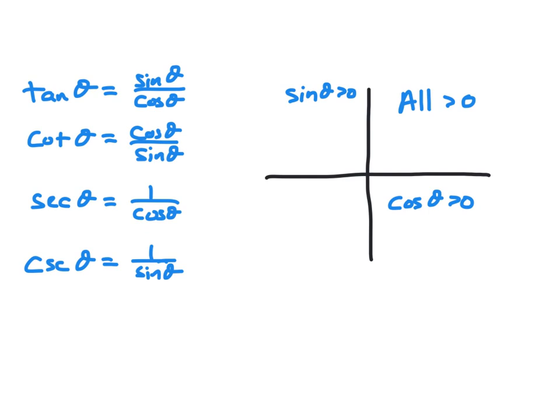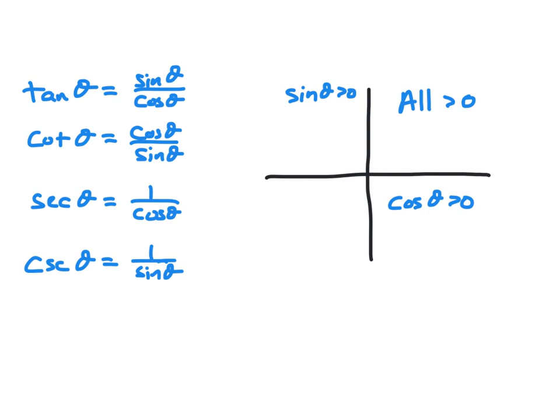If we move on to quadrant 2, we know that sine is positive and cosine is negative. In that case, we know that tangent will also be negative because it will be the positive number sine theta divided by the negative number cosine theta, and any positive number divided by a negative number will result in a negative number. The same will be true with cotangent and secant.